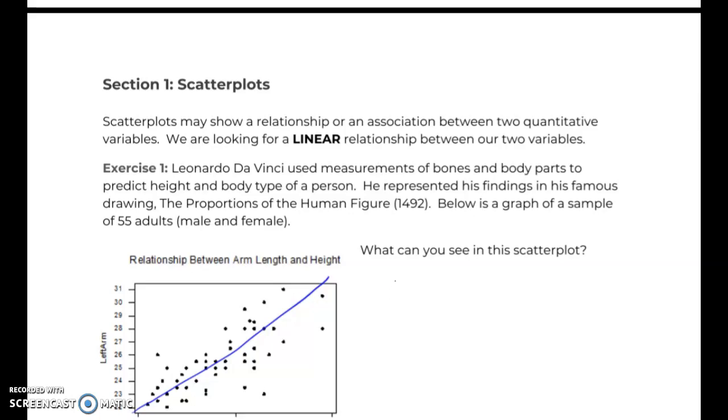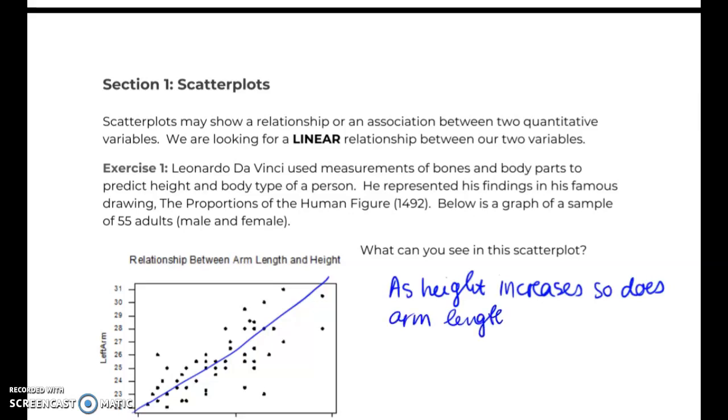So as height increases, so does arm length. So that's the first thing, right? In general, we see that positive trend: as our X values increase, our Y values increase as well. So we call that a positive correlation.